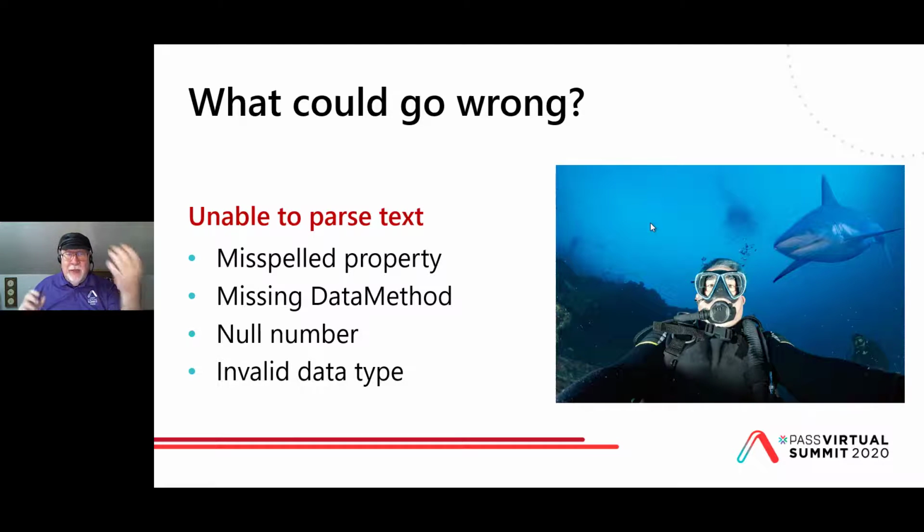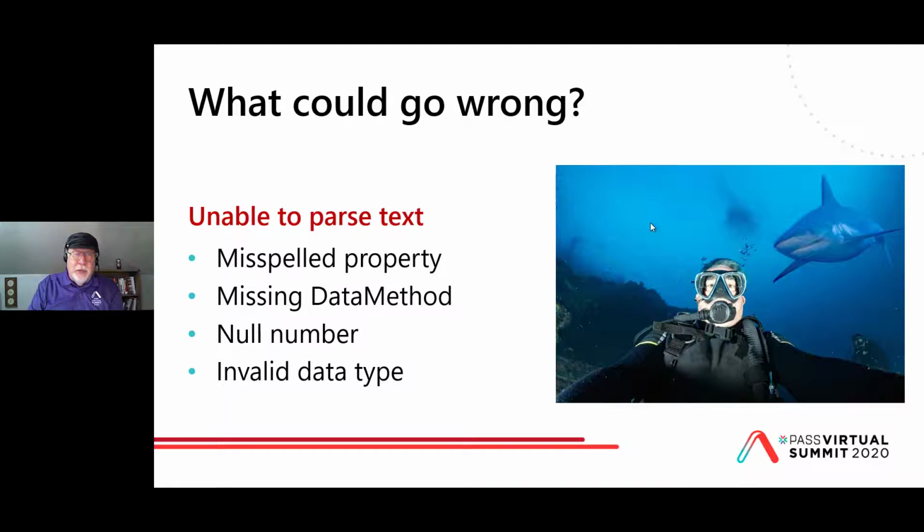So I have to get these right. Another thing I've done is I leave out the DataMember, and that causes it to blow out. The one that's hardest to work with is null numbers. Numbers in .NET, integers, decimals, floats, as well as dates cannot be null.